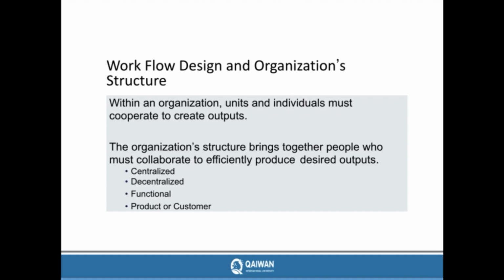So the main idea here is that workflows show what work needs to be done, but organizational structures show how people are arranged to do that work together. So these are the differences between workflows and organizational structure.